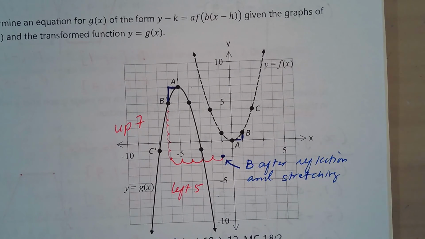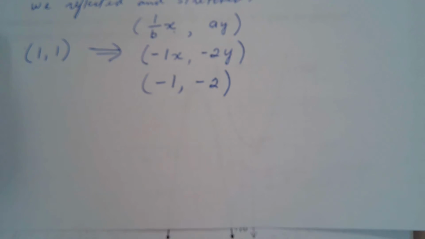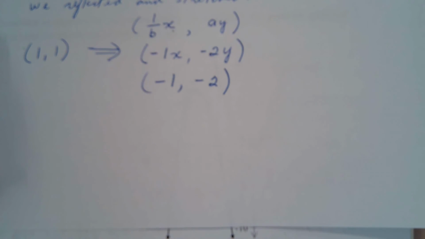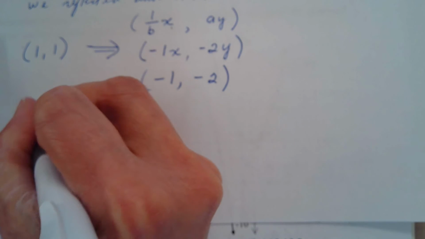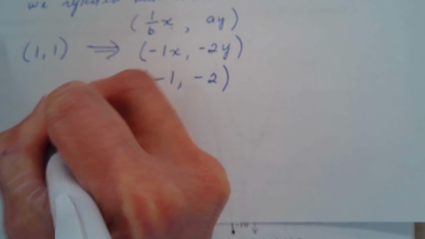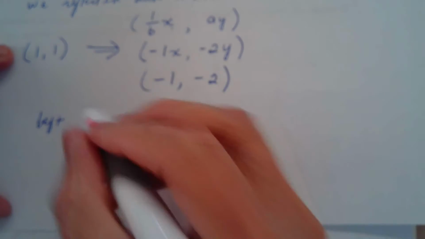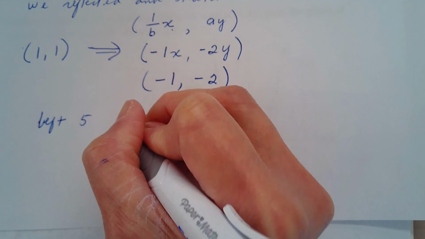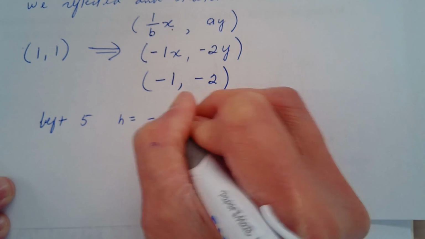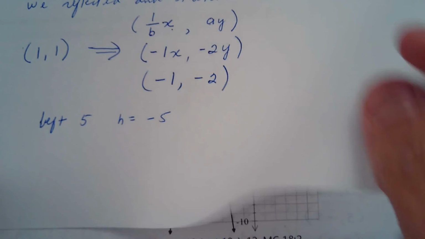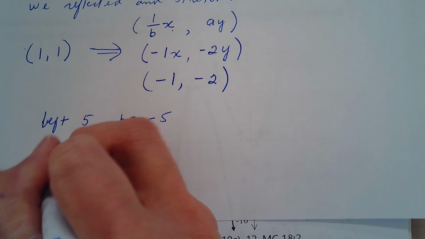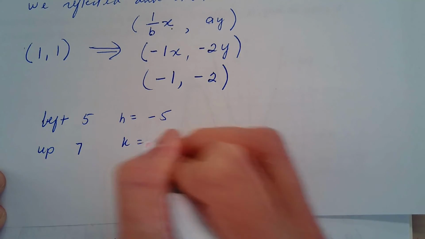Okay, so our final destination would be the new equation. What did we say? Left 5, so that means h is equal to -5. And then we said up 7, so that means k equals 7.